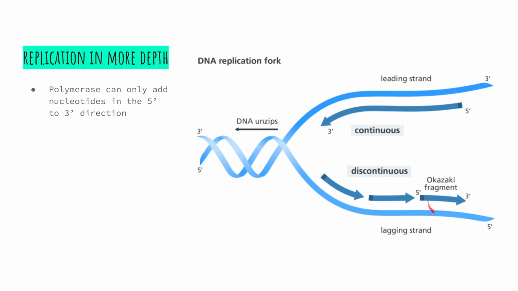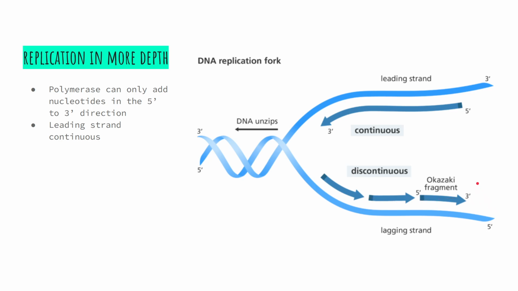So the DNA polymerase has to jump back each time to keep on getting the new strand. This is called the lagging strand. And so what it does is it makes this DNA in different fragments known as Okazaki fragments. And these still run 5' to 3'. So this is 5' on the lagging strand, running down to 3'. So that on our new strand, the 5' would be here and the 3' would be going in this direction.